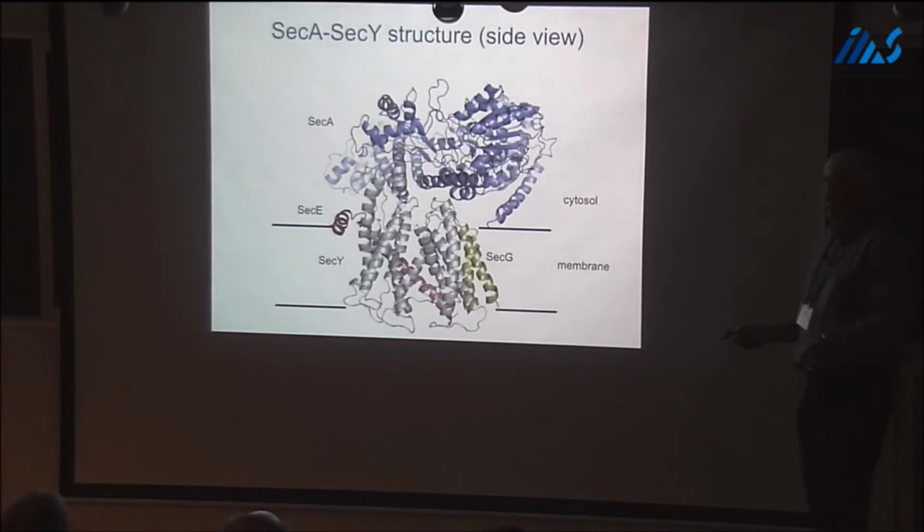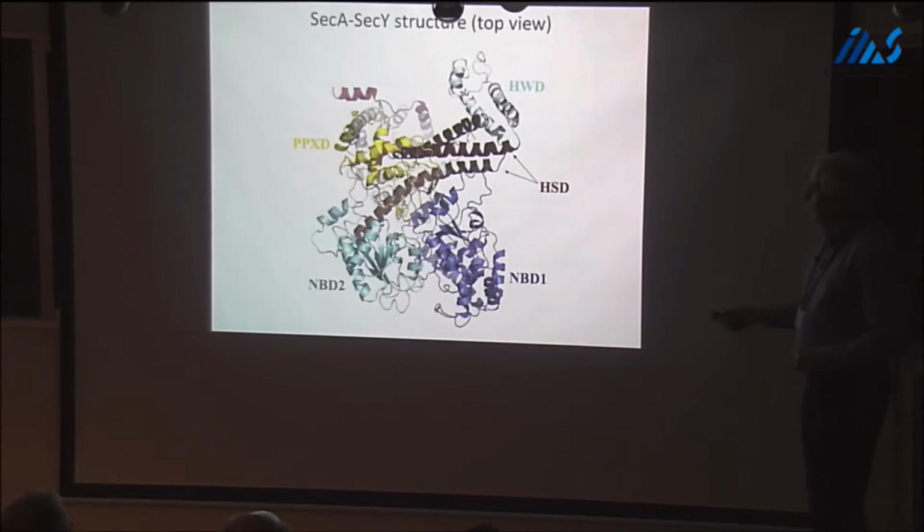This shows a side view of the structure. This is SecA. As I mentioned, it is an ATPase, a flat molecule that lies with a flat surface on the membrane, parallel to the membrane. The gray is SecY, this is SecG, the beta subunit, and in purple is SecE. If you look from the top, you can appreciate that SecA has different domains.